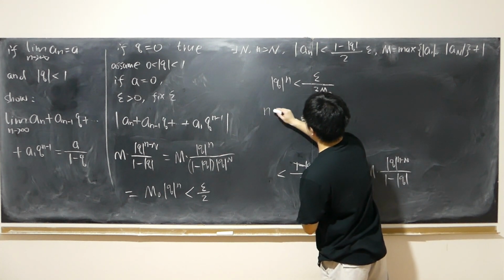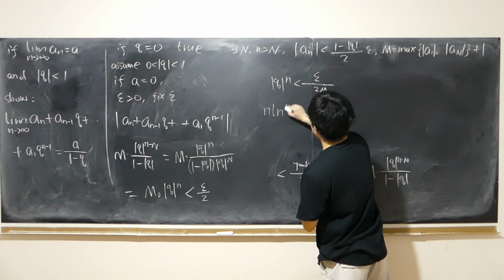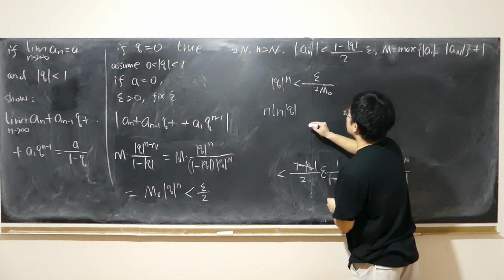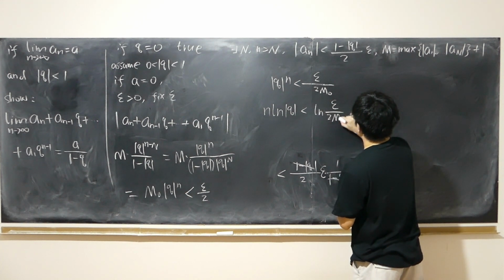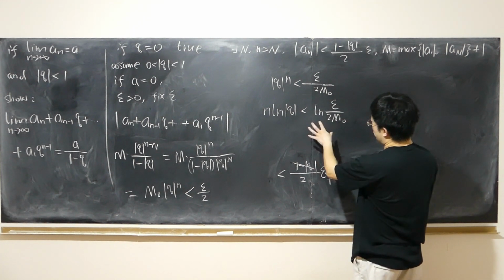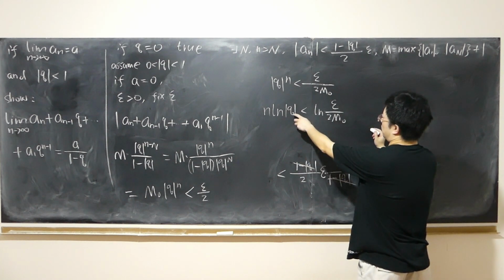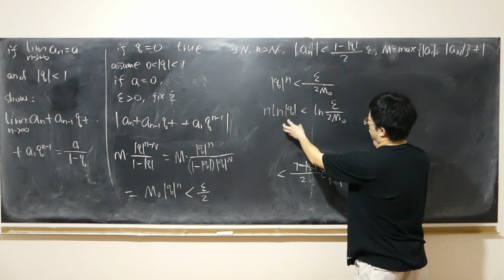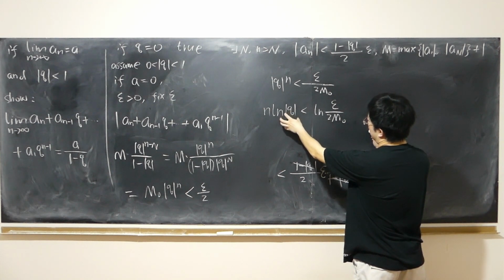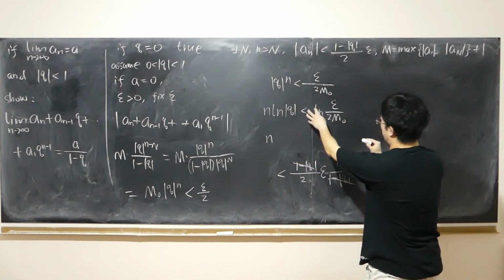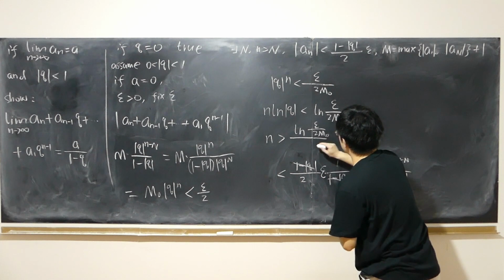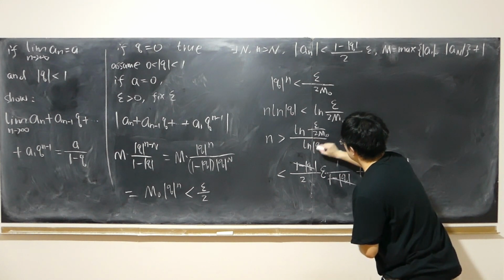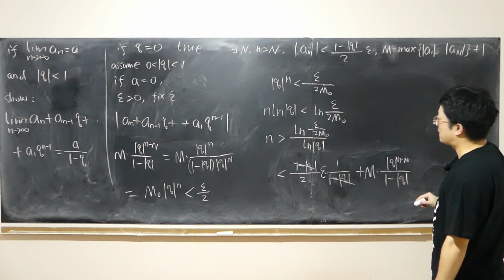Take down the power: n times log of |q| less than log of epsilon over 2 M naught, right? When is this true? So |q| is less than 1, bigger than 0. Of course, log of |q| must be negative. So change the direction: n bigger than log of epsilon over 2 M naught over log |q|, right?